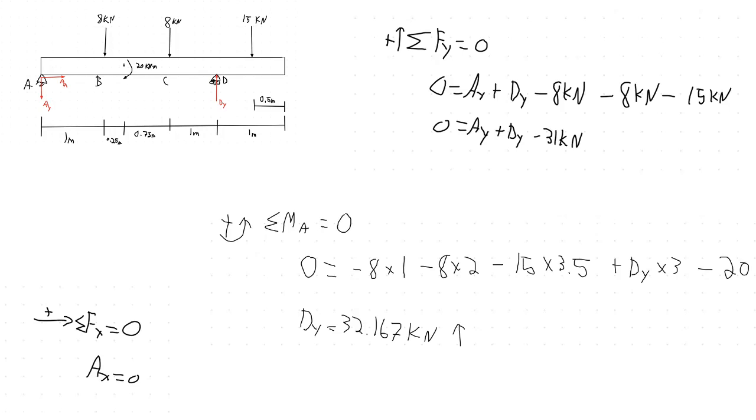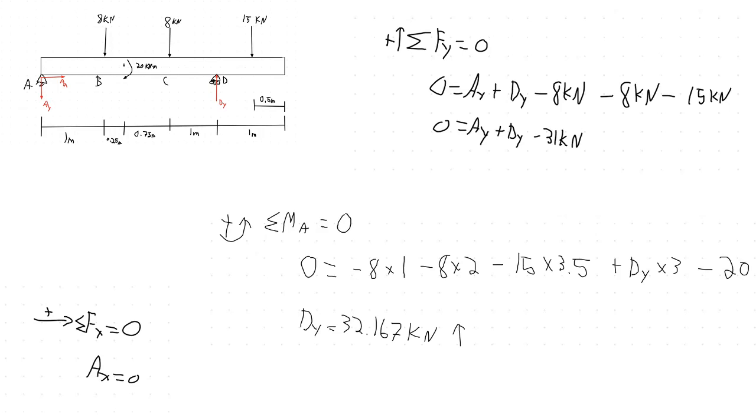And then we also have to include our 20 kilonewton meter that is applied in the middle of our beam. It doesn't matter where it's applied, it's already in kilonewton times meters, so we don't need to multiply it by another distance. Rearranging and doing a quick bit of algebra, we find that Dy is 32.167 kilonewtons up.